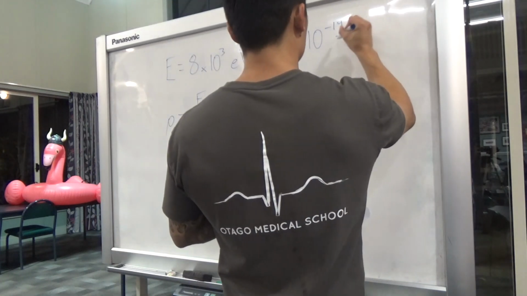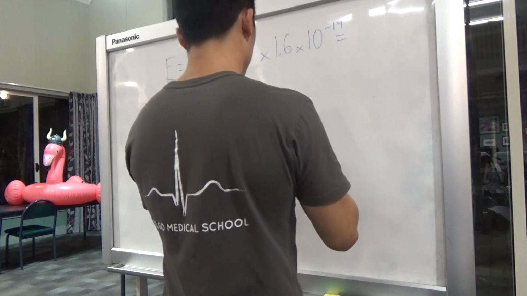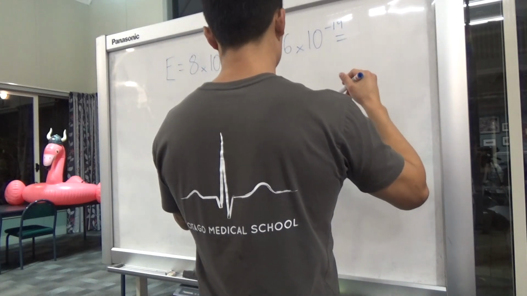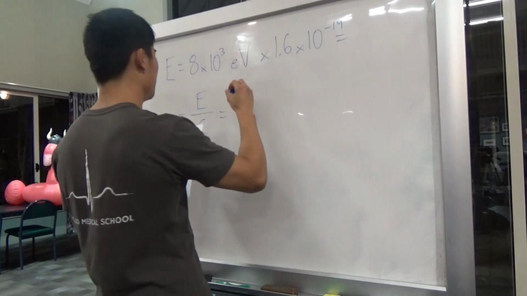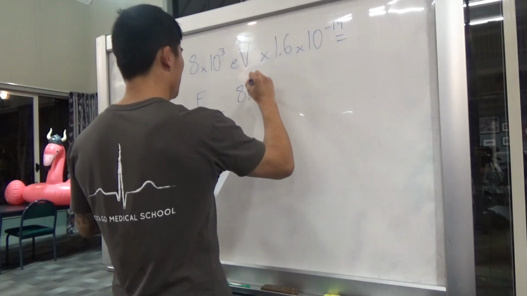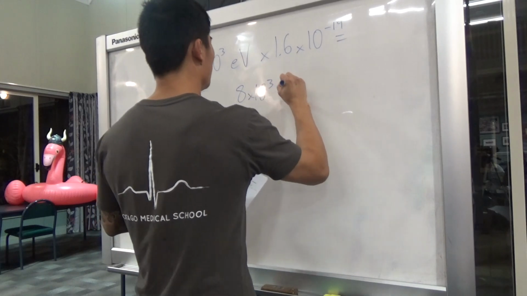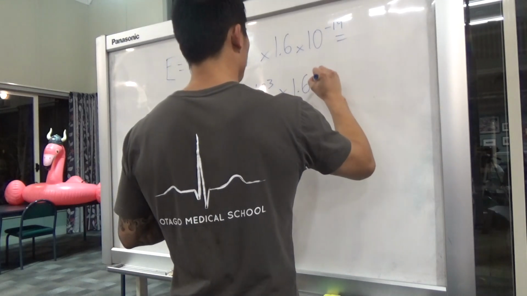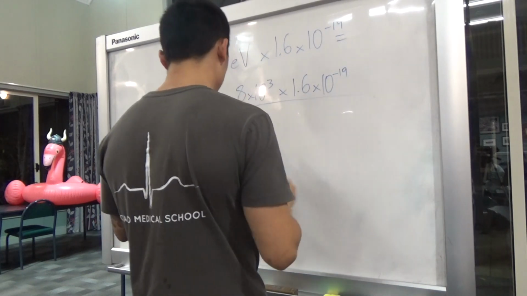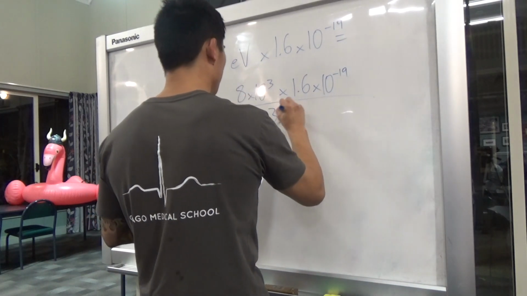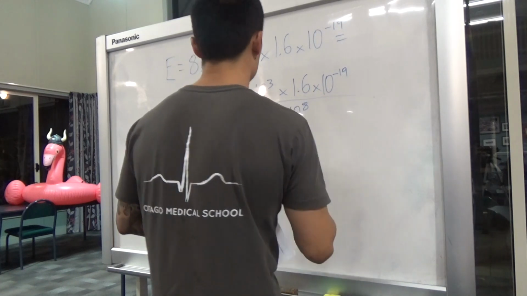And that will give you, I don't actually know what that gives you, but we'll just do it up on here because I do it like this. So 8 times 10 to the 3, and we're converting it into joules by multiplying it by this number, and then divide it by the speed of light, which is 3 times 10 to the 8.